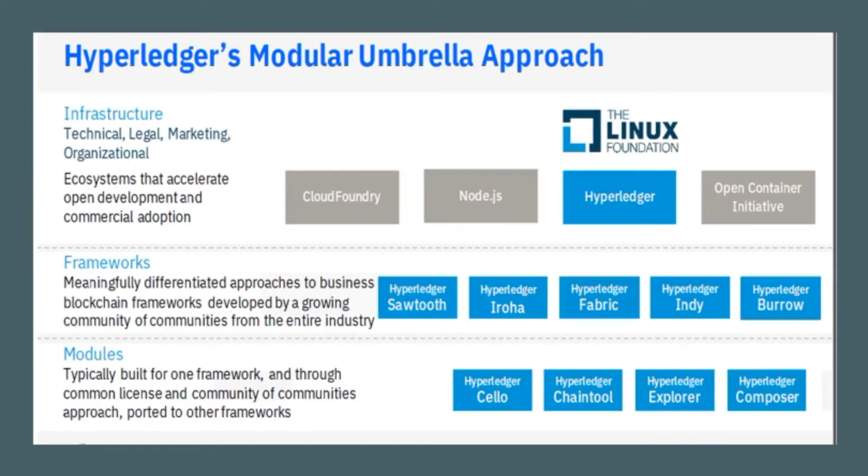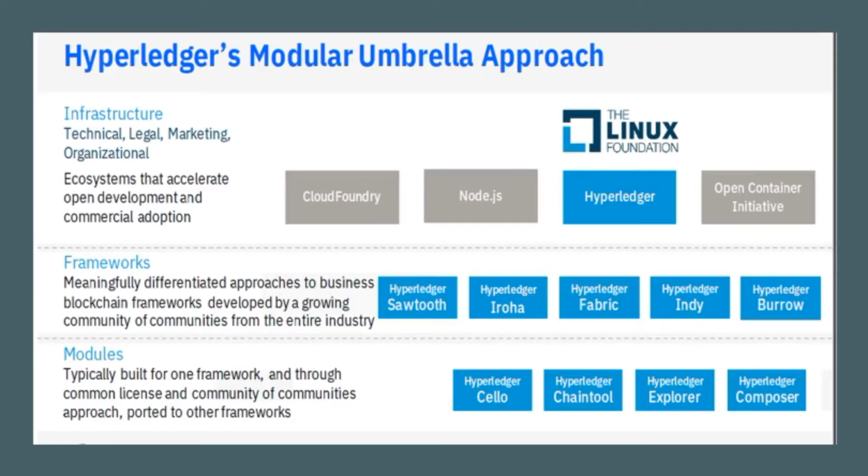Similarly, Hyperledger Iroha is designed by keeping financial use cases in mind. The Hyperledger Burrow is something like putting the Ethereum virtual machine inside Fabric as a smart contract engine.